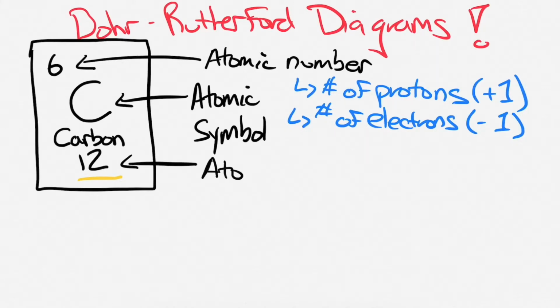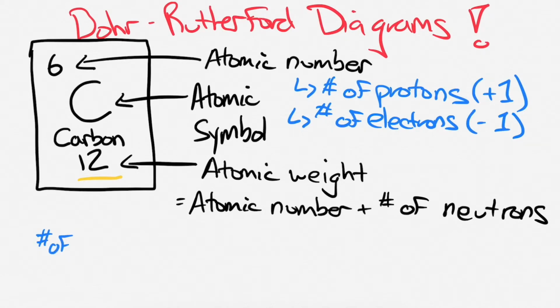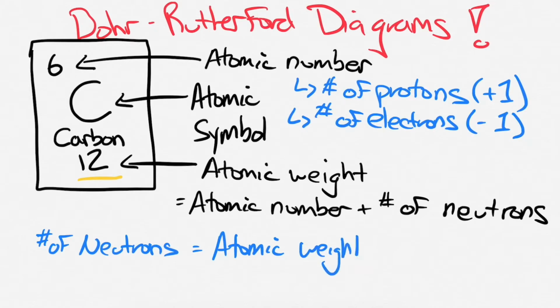And the atomic weight equals the atomic number plus the number of neutrons. So in order to find the number of neutrons, we take the atomic weight and we subtract the atomic number.